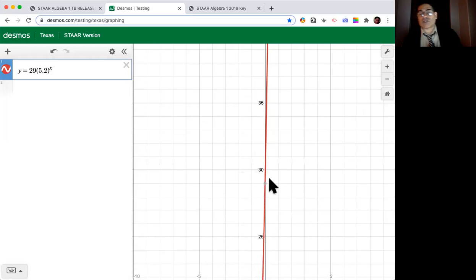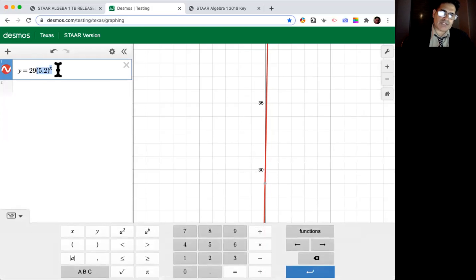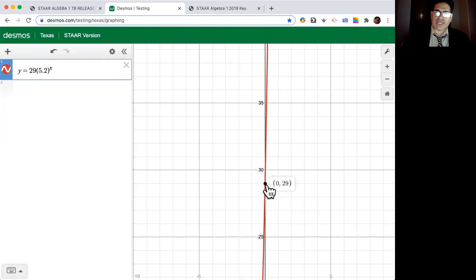And what I would recall to students is to remember the value in front of this operation. Remember that number in front of the operation, and you'll be fine. And that number is 29. So function of x equals that number multiplied by that figure raised to an x.